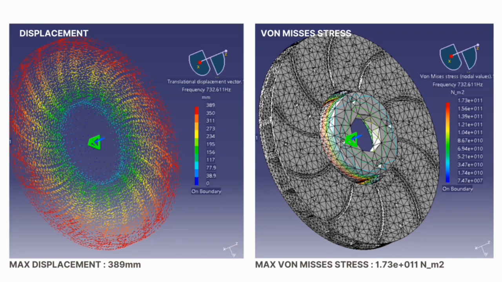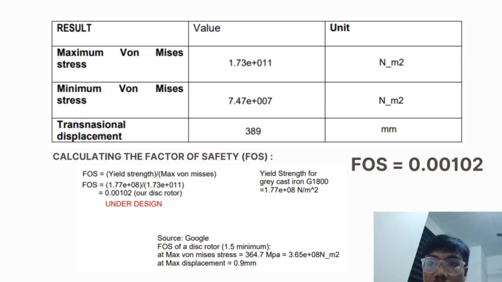As we look further, we have a von Mises stress analysis, so we can see that the maximum von Mises stress we can obtain from this analysis is 1.73 exponent 0.11.